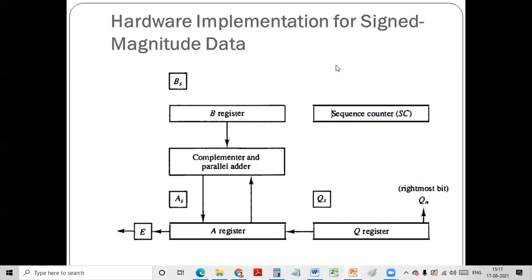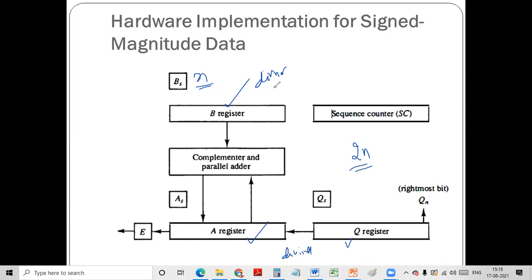So this is how the hardware is implemented for sign magnitude data, with BS, AS, QS. Sorry, where I said the Q register holds the divisor, the dividend is of twice the length and the divisor is of n bit length. So the B register holds the divisor and the A and Q registers hold the dividend.